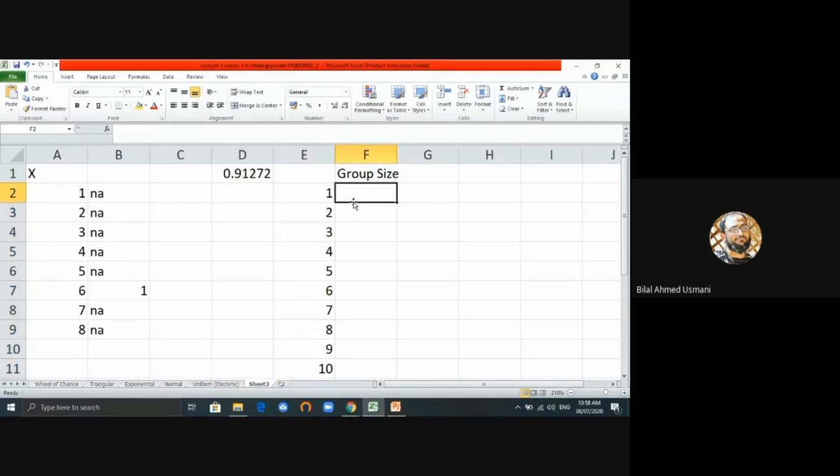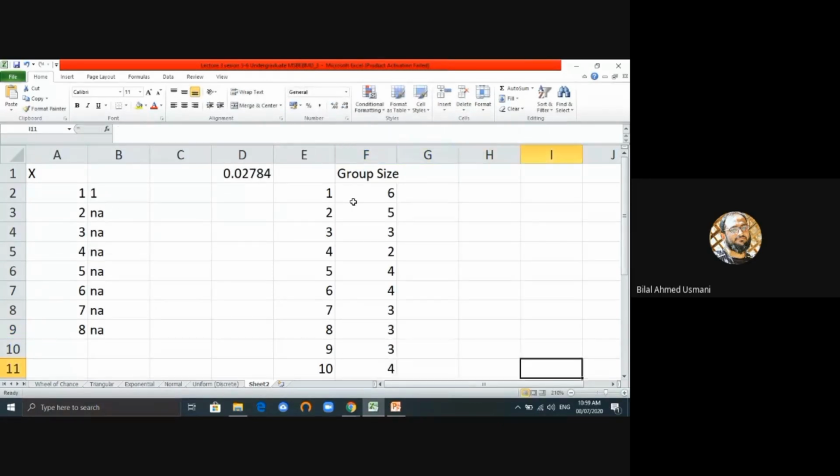For the first, when I saw, the group was of size 6, and then when I refreshed it, the group was of size 5, and then the group was of size 3, and then 2, and then 4, and then 4 again, and then 3, and then again 3, and then again 3, and then again 4.